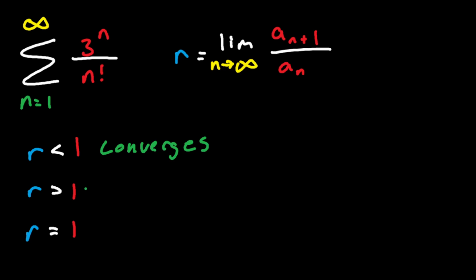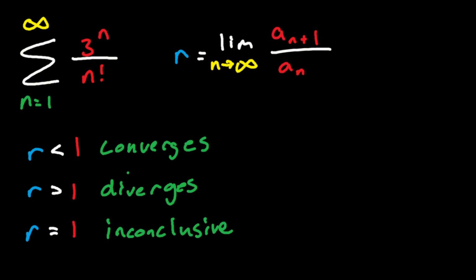If r is greater than 1, your series diverges. And if r is equal to 1, you get inconclusive. But this one is quite rare. Most people don't really get inconclusive for the ratio test. But be aware of this condition, of course. So you need to take the limit as n approaches infinity for these two terms over each other.